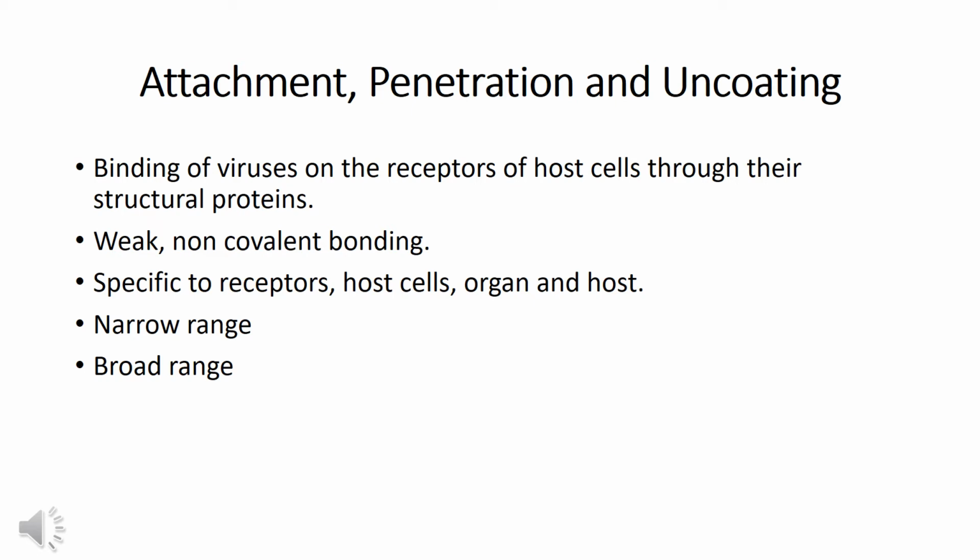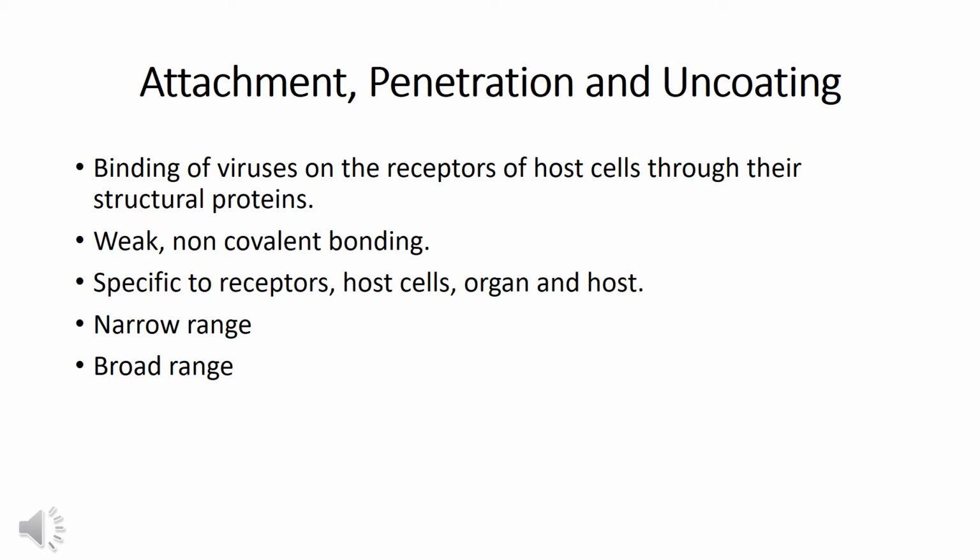First of all, the first step is the attachment of the virus to the host cell. Actually, what is attachment? We have already studied that a virus contains spikes on the surface of the capsid, or many other viruses contain attacking or adherent proteins on their structure.